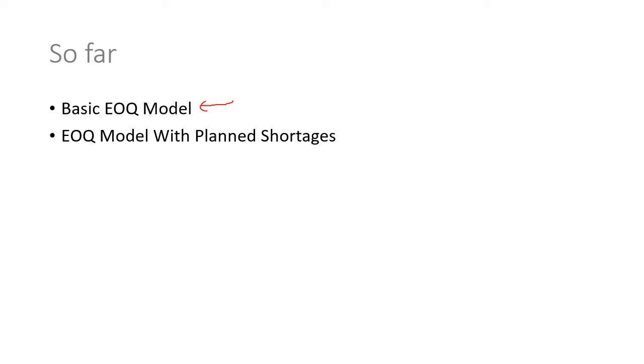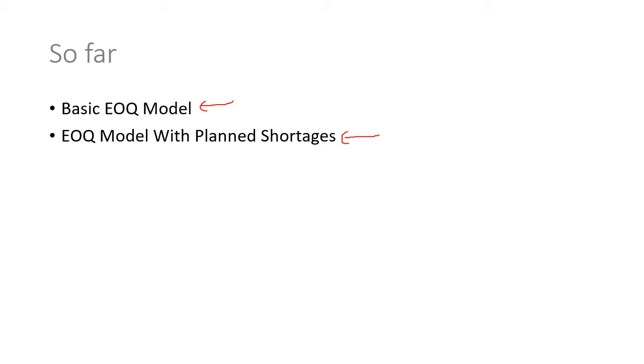And third assumption was not allowing the shortages. We released the third assumption in the second model, and we allowed the shortages to occur if the customers are willing to wait. We developed the mathematical models for both of these models. We compared them and we also saw their intuition.